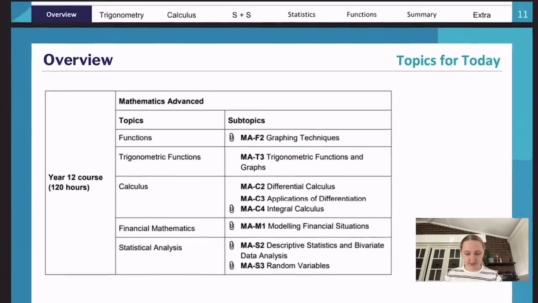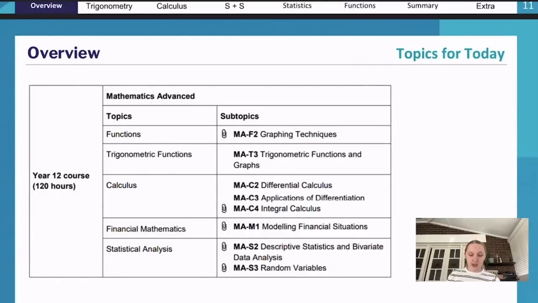But anyway, this is the overview of the topics in HSC Maths. Pretty chill, pretty relaxed. You've got functions, and within that comes your graphing. You've got trigonometric functions and graphs. Calculus is your biggest bit here, because within that you've got differentiation, applications of differentiation, and integration. A lot of your paper comes from calculus.